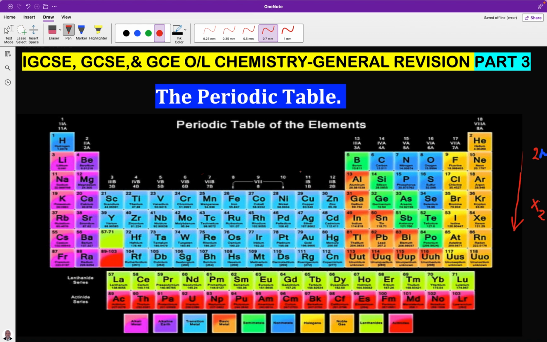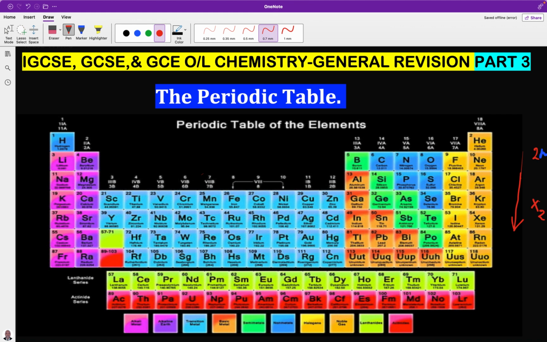Period 2, from lithium, beryllium, right to neon, have only 2 shells. Period 3, from sodium, magnesium, right to argon, have 3 shells. Period 4, from potassium, right to krypton, have 4 shells.